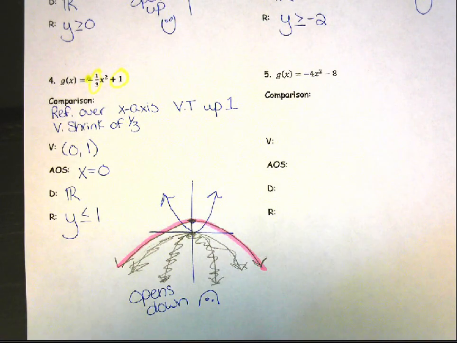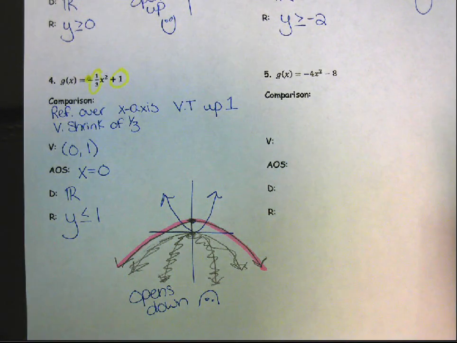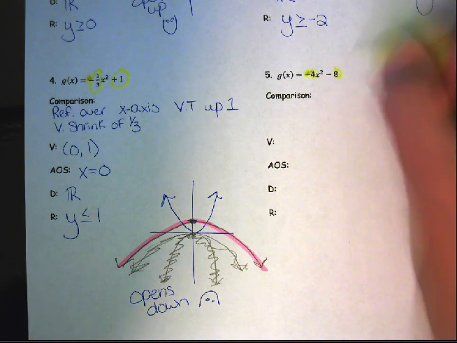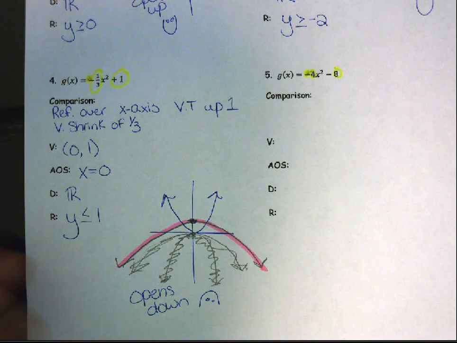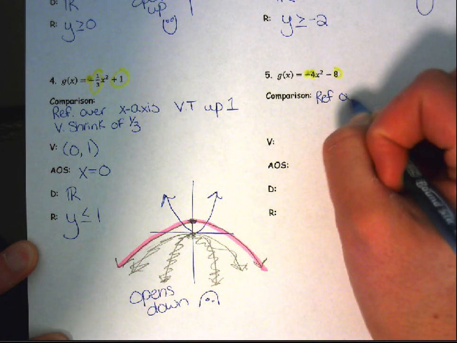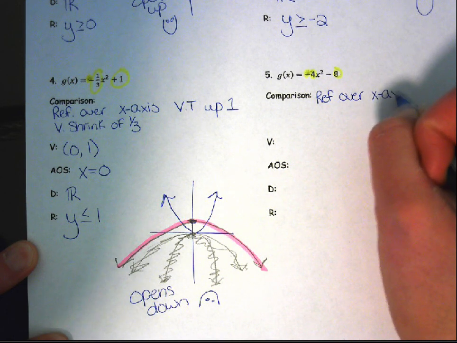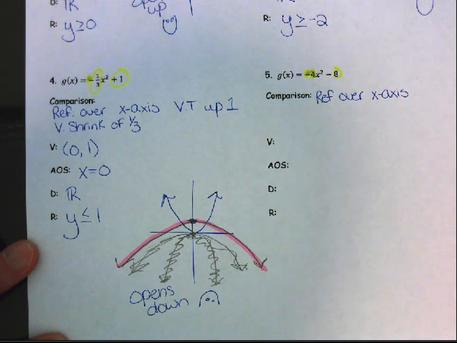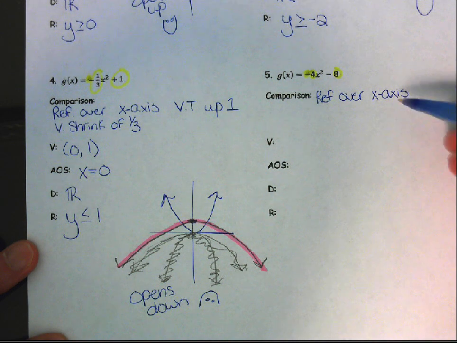All right, let's quick run through 5. Notice 5 also has 3 parts. It's got a negative, it's got a 4, and it's got an 8. So our first comparison, again, is going to be the reflection over the x-axis. You do want to try to make sure that you're saying x-axis because there is a y-axis reflection, but you don't get into that till Algebra 2, so we don't have to worry about that for now, but that will exist.